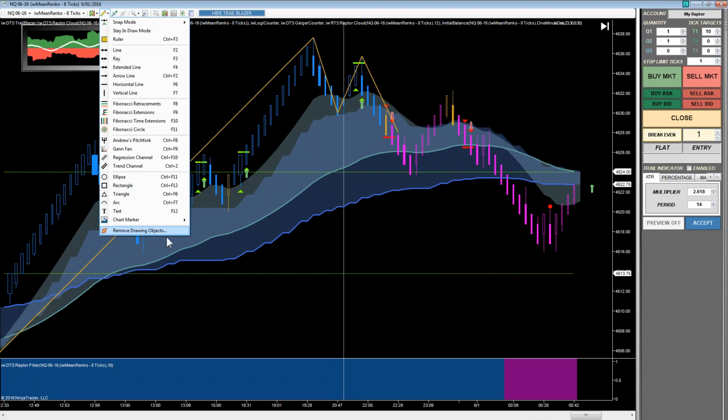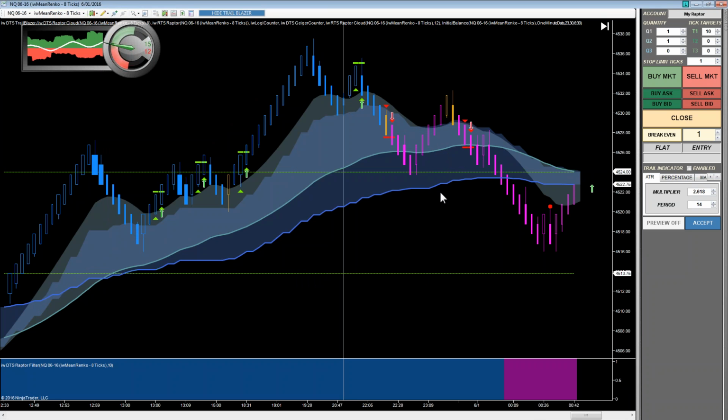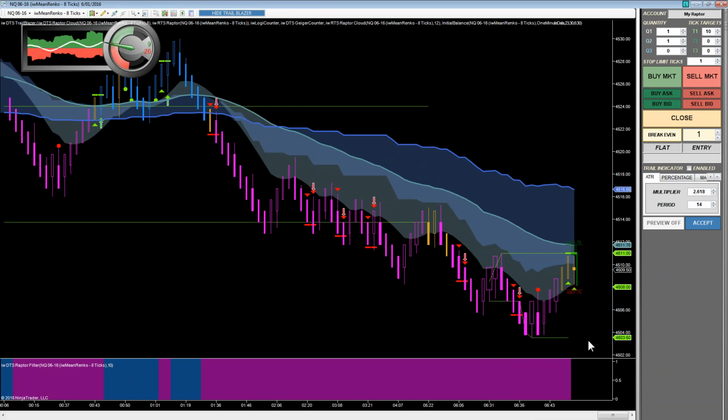I think a lot of people do themselves an injustice by running their stops too tight. But there's typically 2 high probability signals from the Raptor. So here is a cloud crossover now this morning. Well, it happened in the wee hours during the European session.